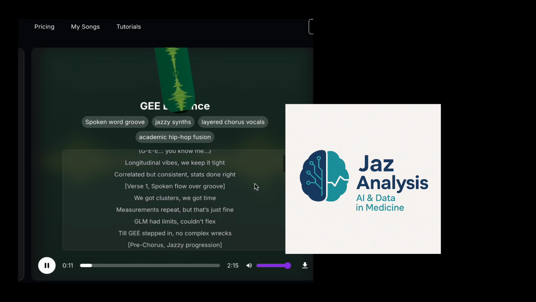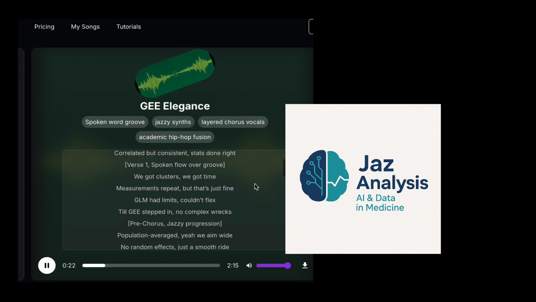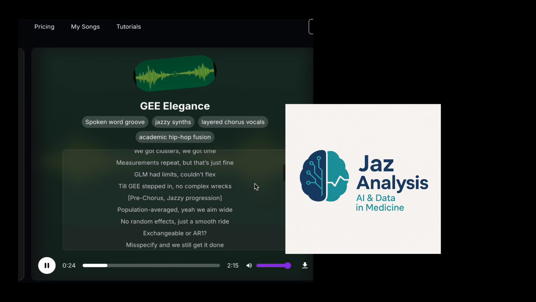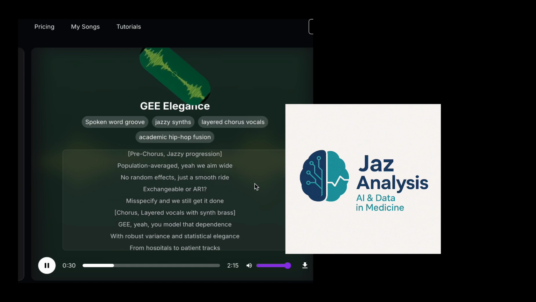Longitudinal vibes, we keep it tight. Correlated but consistent, stats done right. We got clusters, we got time. Measurements repeat, but that's just fine. GLM had limits, couldn't flex till GEE stepped in. No complex random effects. Population average, yeah, we aim wide. No random effects, just a smooth ride.